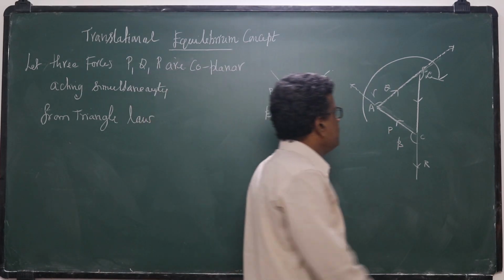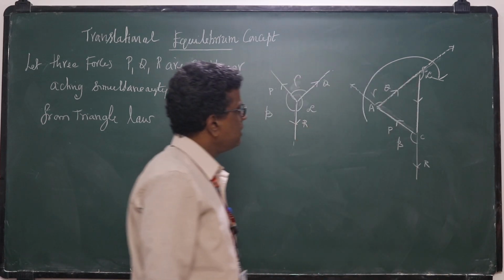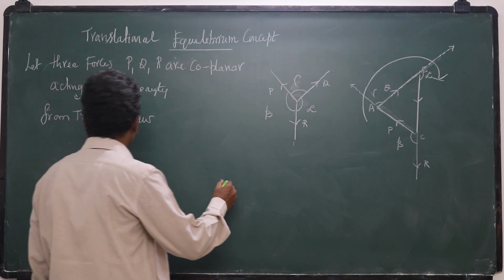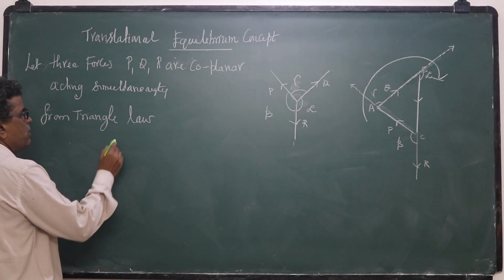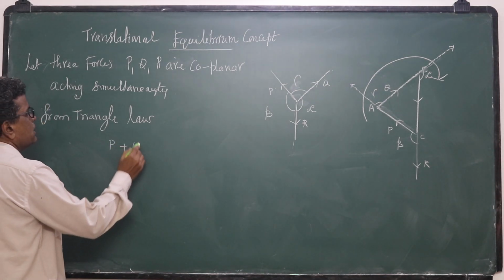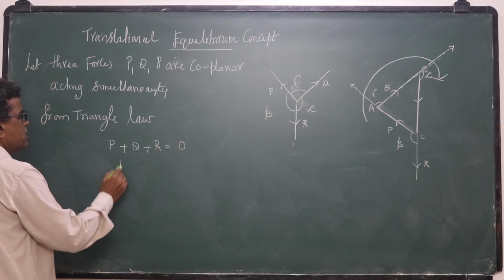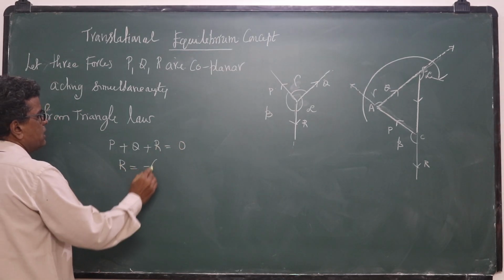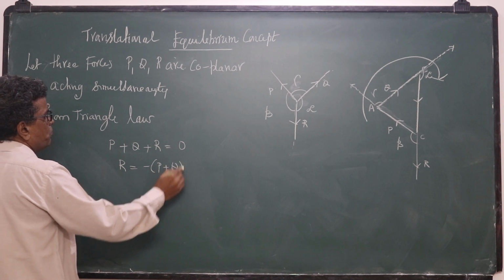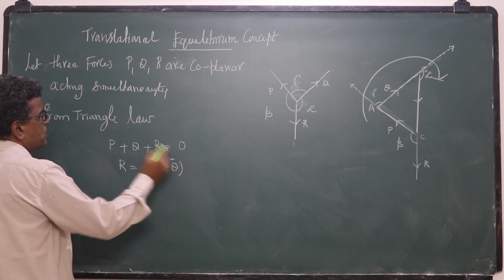Here the triangle law says that P plus Q plus R is equal to 0. So R should be equal to minus of P plus Q, which are vectors.